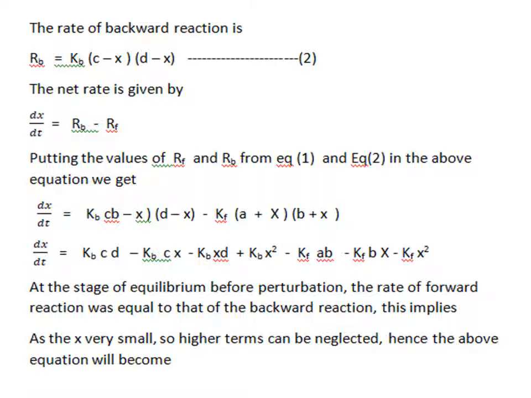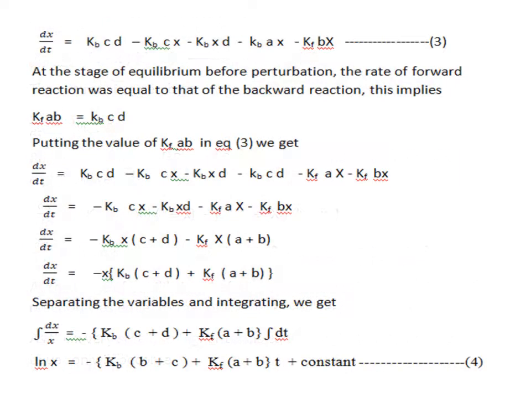This implies as the x is very small, so higher terms can be neglected. Hence, the above equation will become dx over dt equal to kb into cd minus kb into cx minus kb into xd minus kb into ax minus kf into bx. This is equation number 3.